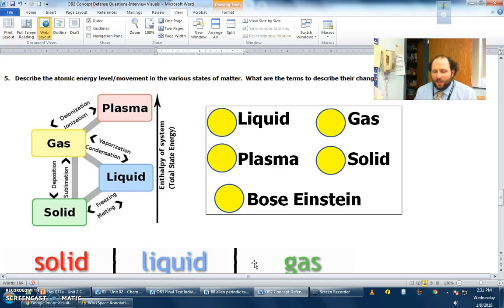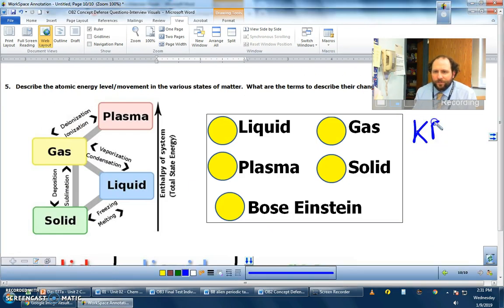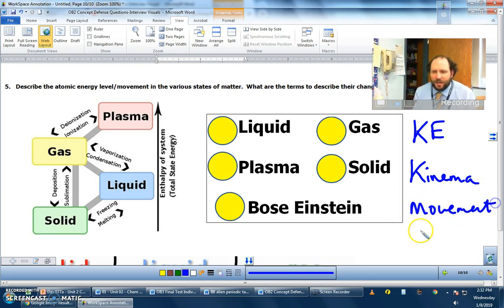And please remember, the word kinetic energy, K-E, the kinetic part comes from kinema, which I think, kinema, is Latin for movement. Which is kind of funny because a cinema is a motion picture. Go figure.